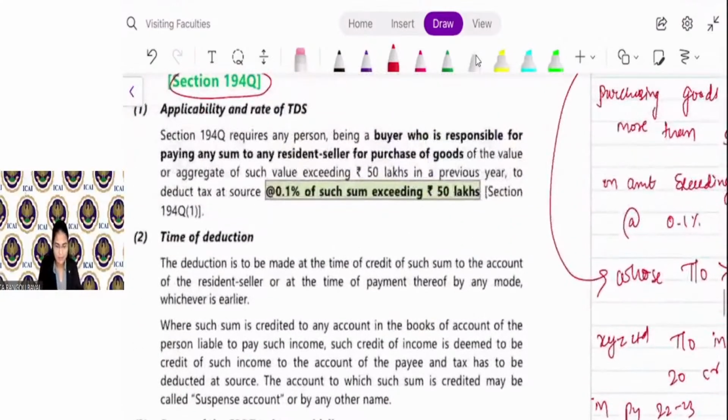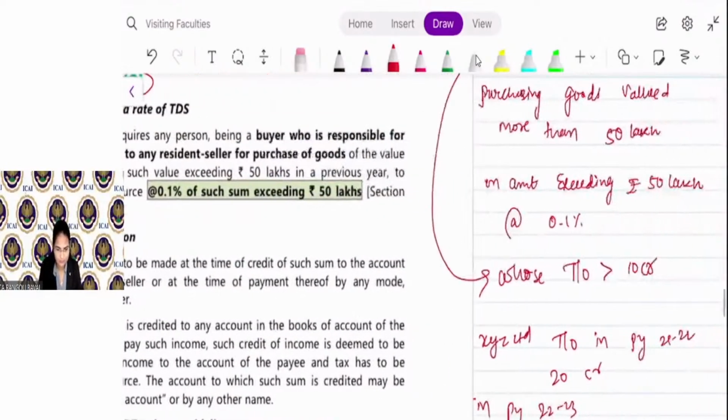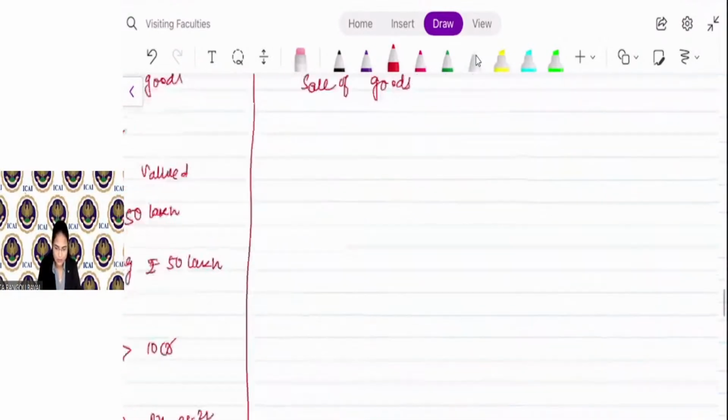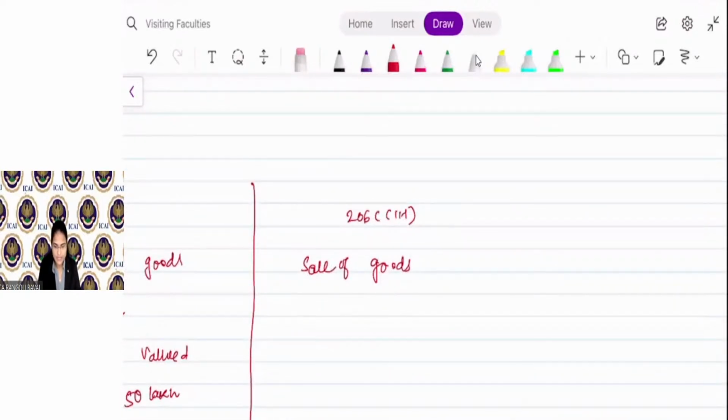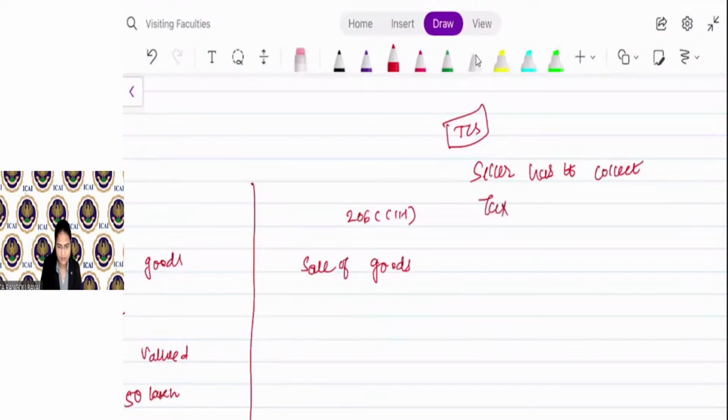Now I'll explain the section 206C(1H). See, in TCS, the seller has to collect tax from the buyer. I am explaining both the provisions.